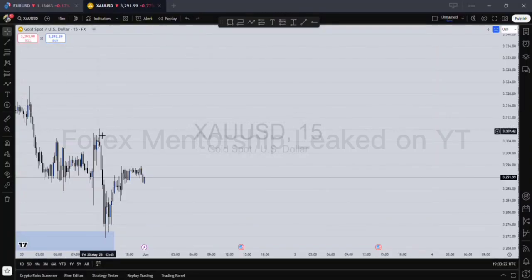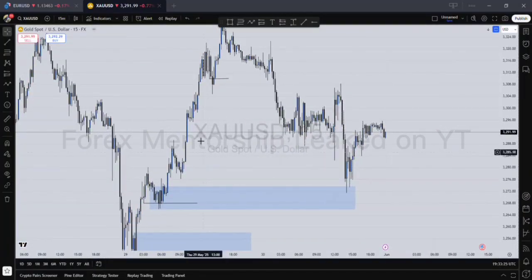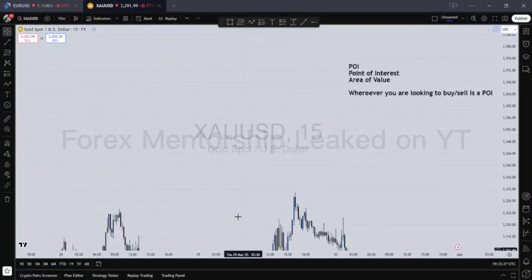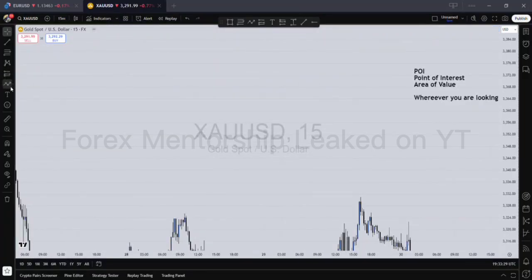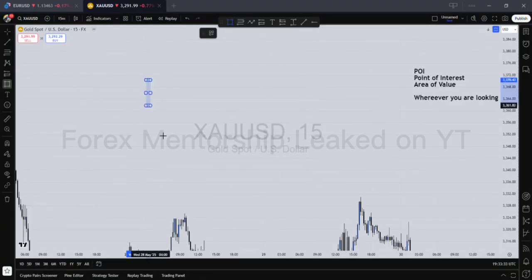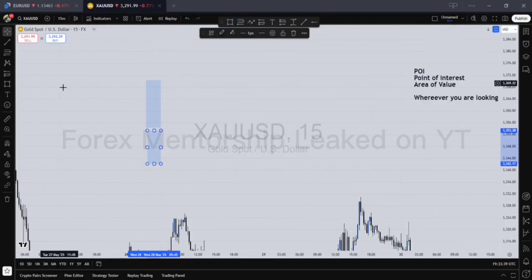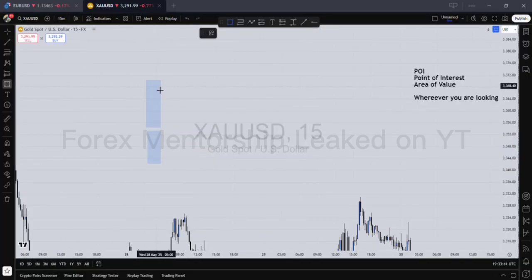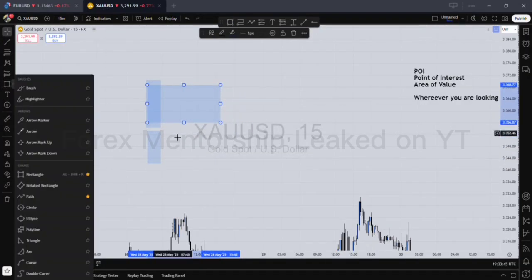Now, if you have two fair value gaps, two zones, and both don't have liquidity, let's say you have a candle here, and then another candle, and these two candles both have a fair value gap. So there's a fair value gap here, and there's a fair value gap here.